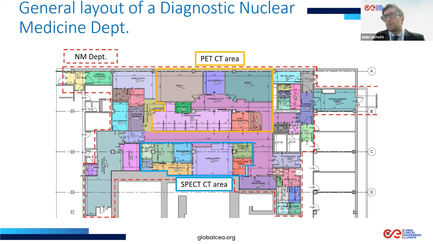Generally, in the PET-CT area you have fluorine and other isotopes. In the SPECT-CT area, you have technetium compounds. So you have to separate them.